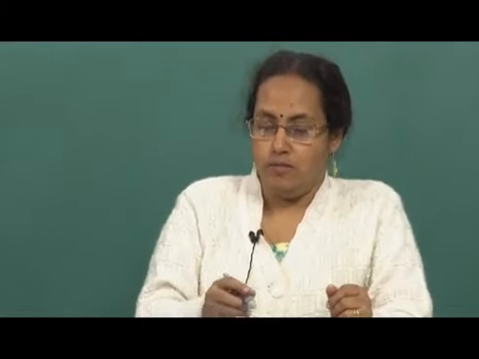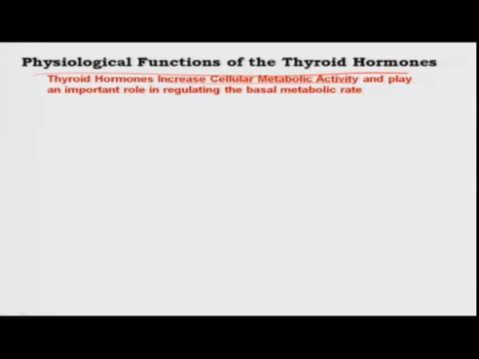It is the sum total of all the chemical reactions going on inside your cells, which results in the sum total of all the anabolic as well as catabolic activity, and this is very important for the functioning of your body. So, thyroid hormone regulates the cellular metabolic activity, and as a result it also plays an important role in regulating the basal metabolic rate of your entire body.